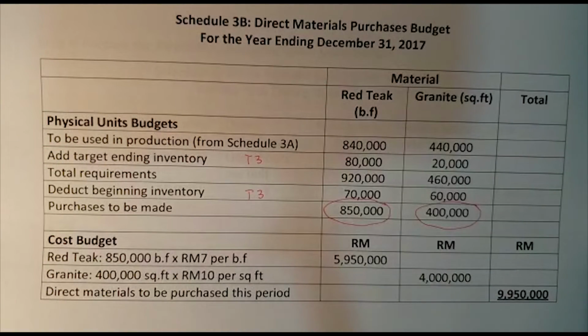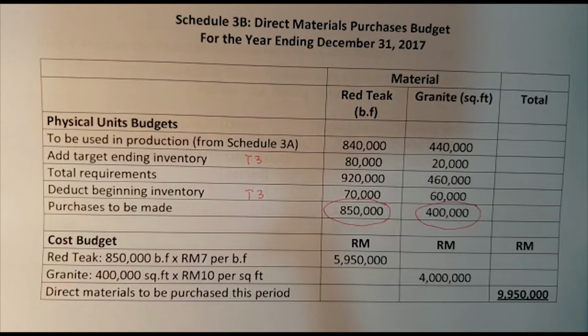All right, now we move to schedule 3B, that is direct materials purchases budget for the year ending December 31st, 2017. Okay, so in this part, we are going to calculate the purchases that we need to make, as well as the price that we need to pay out of the purchases.